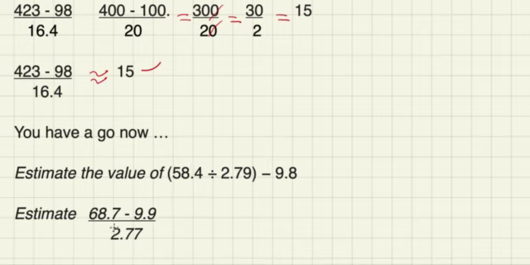In this sort of state they look a bit complicated, but if you follow the instructions I gave above of rounding the figures, see how you get on. So put the video on pause and press play when you're ready.